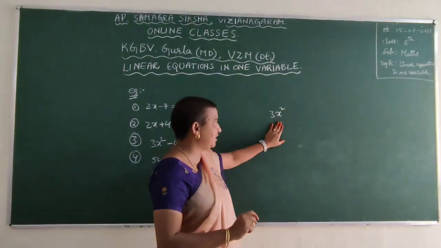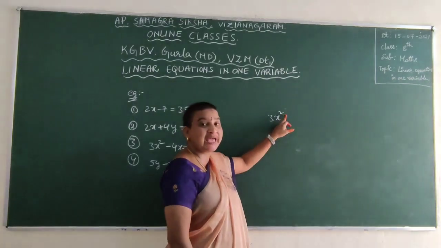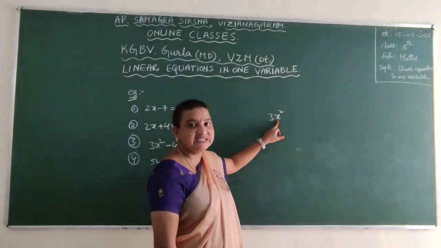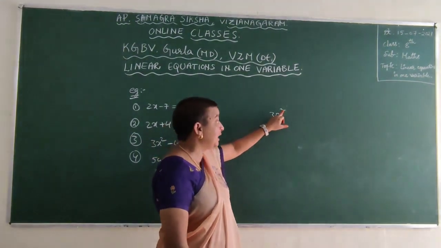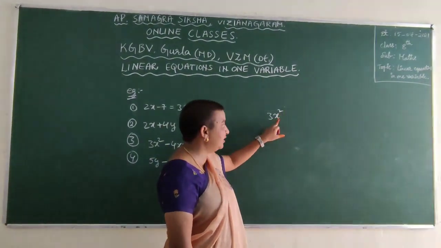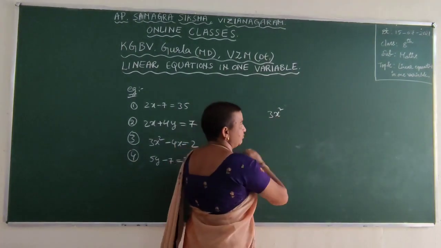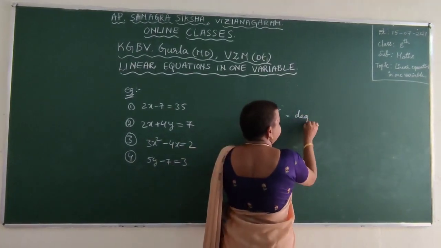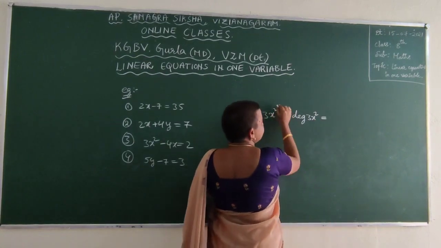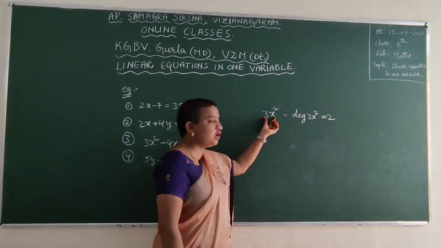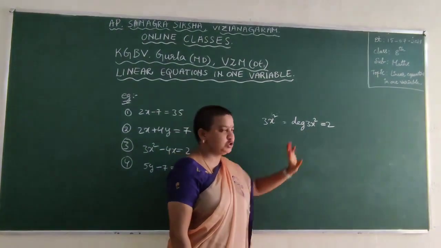The degree means the power or exponent of a variable. So the degree of 3x squared is 2.